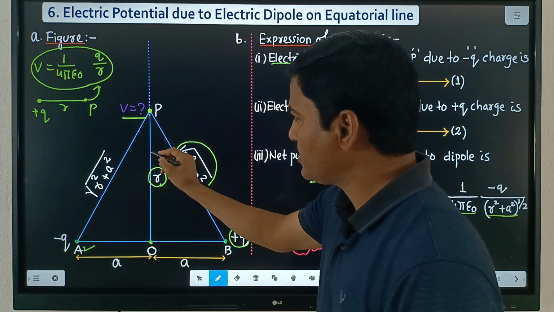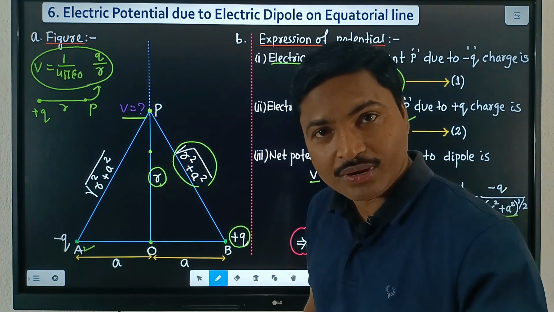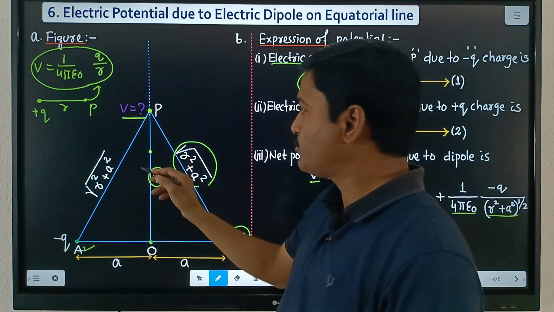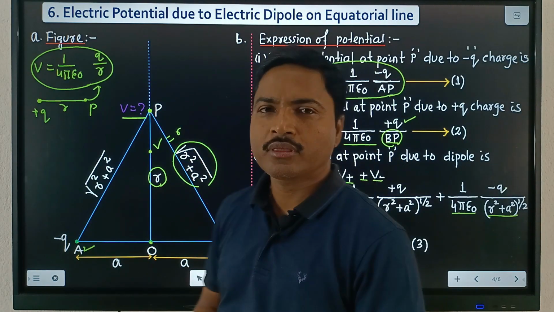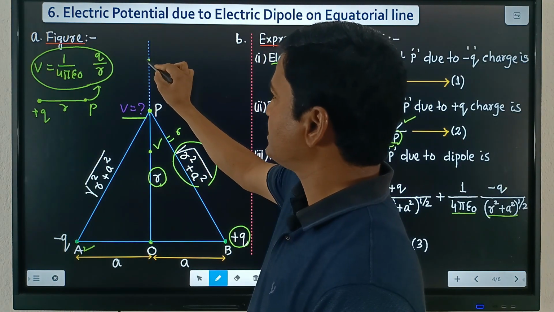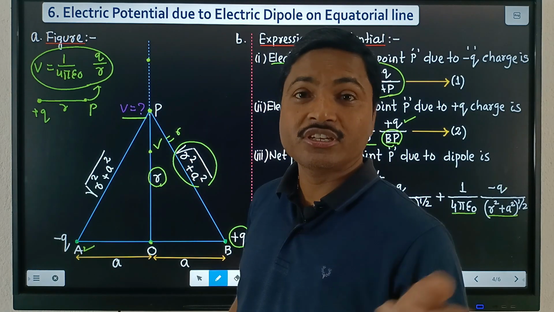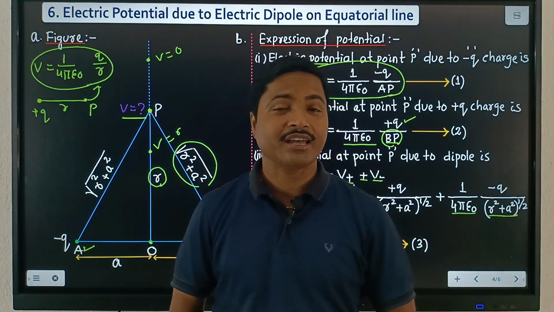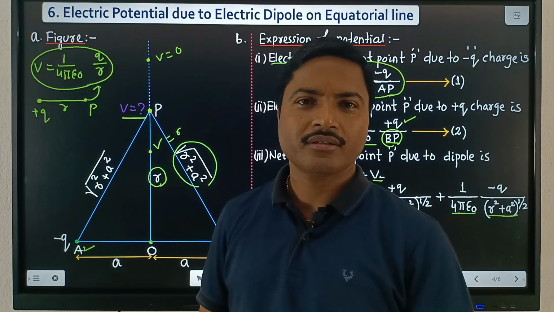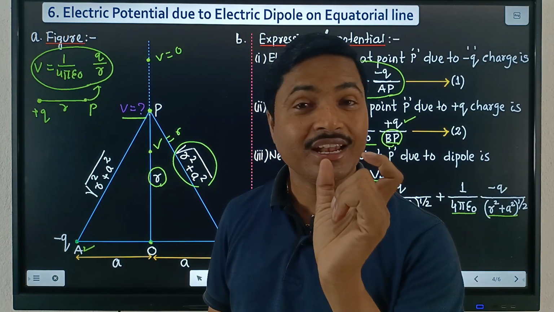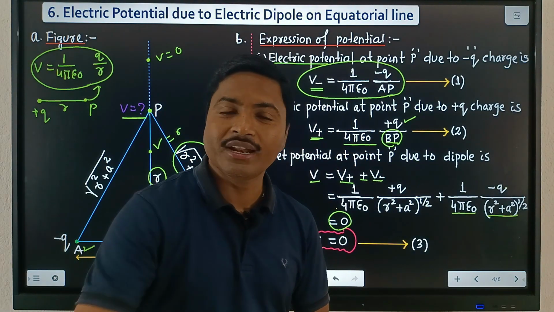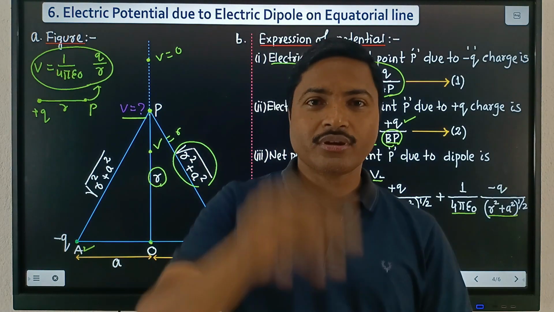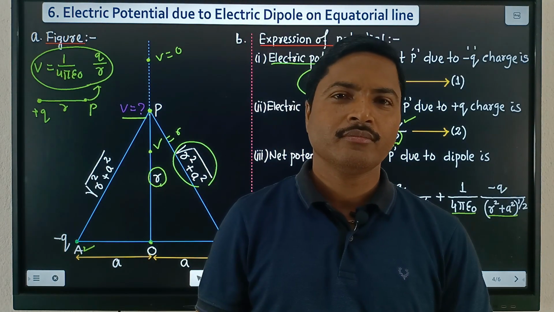Suppose this point is the P point, this point is also situated on the equatorial line. Here also electric potential V is equal to 0. Suppose you take another point, this is the observation point, this point is also situated on the equatorial line. Here also electric potential is equal to 0. That means finally we get the electric potential due to electric dipole on the equatorial line is equal to 0.